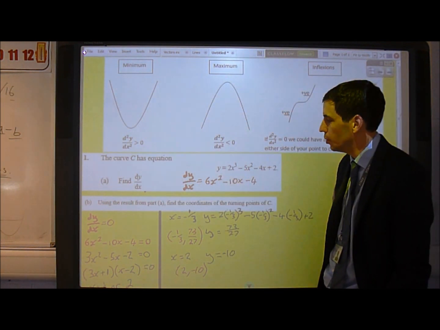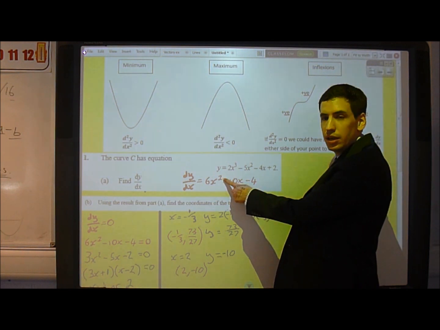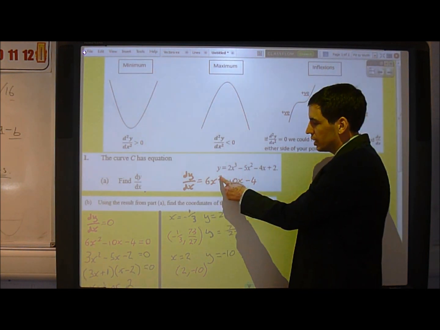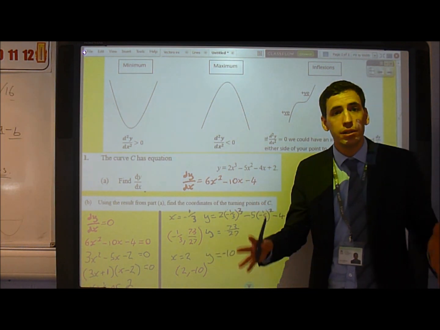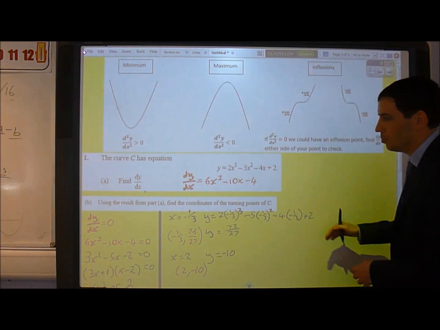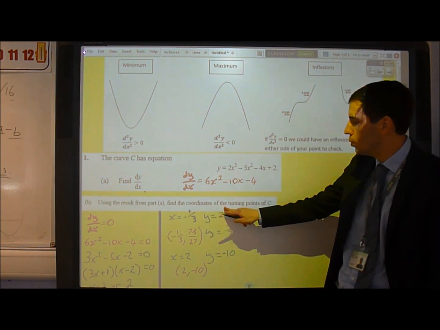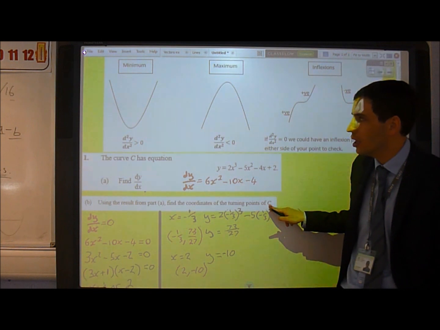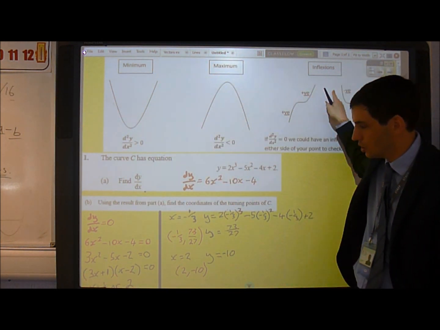Well, just like in C1, I'm going to times by the power and then take 1 away from the power. So dy dx equals 6x squared minus 10x minus 4. Alright, so far, so C1. Next part, part B, it says using your result from part A, find the coordinates of the turning points of C. Well, those turning points are our minimum, maximum, or point of inflection.